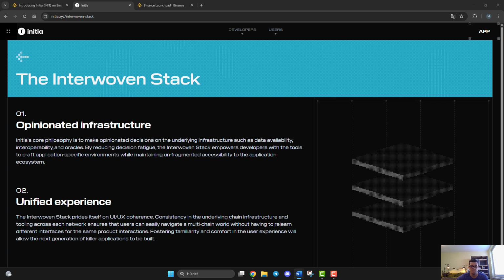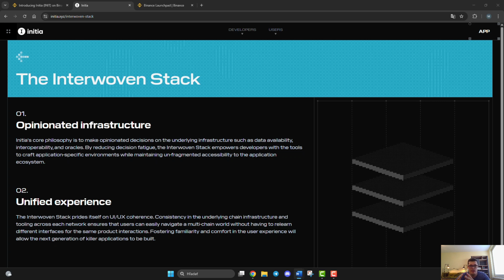Then there's composability. Developers can compose assets and applications across rollups without compromising decentralization or security, right? Then it's all about unified communication. The native interoperability allows for seamless messaging and interactions between rollups and layer 1.